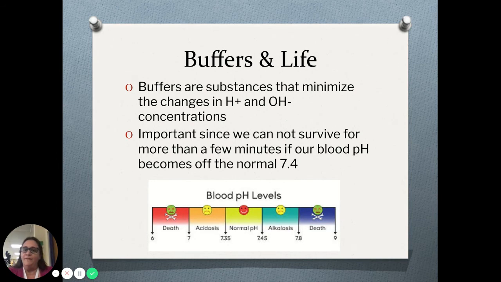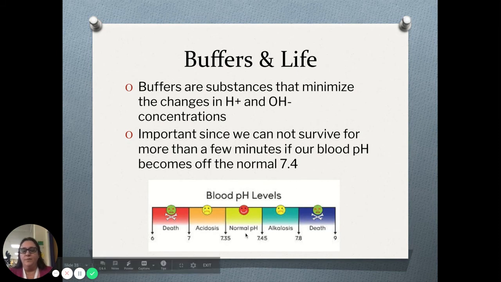Getting to buffers: buffers are any substance that can minimize those changes in the H plus and OH minus concentrations. They're going to help balance us back out. We as humans cannot survive for more than a few minutes if our total blood pH is off the normal of 7.4.